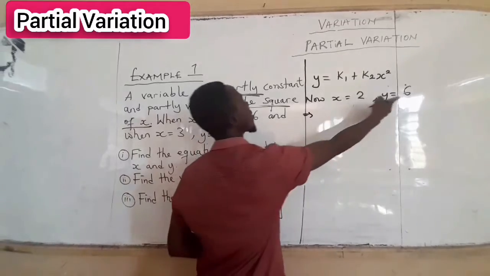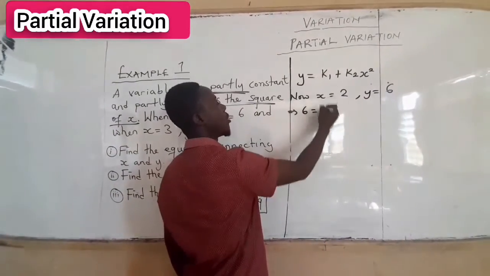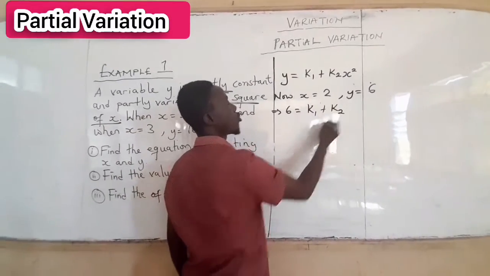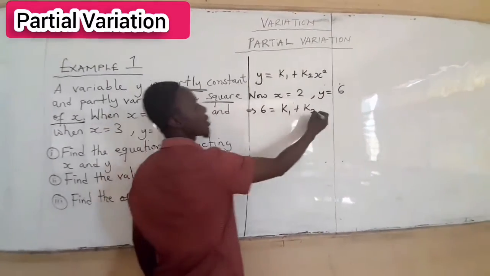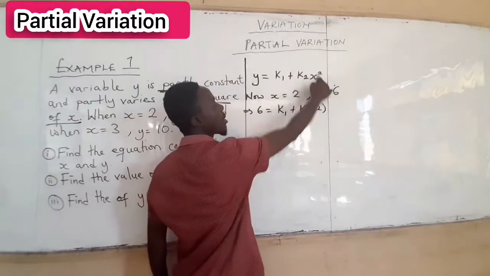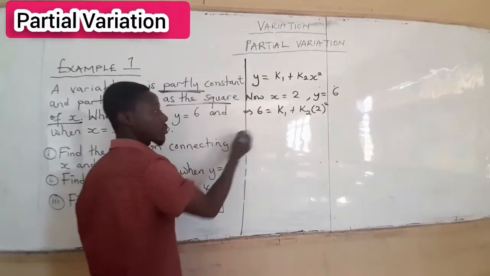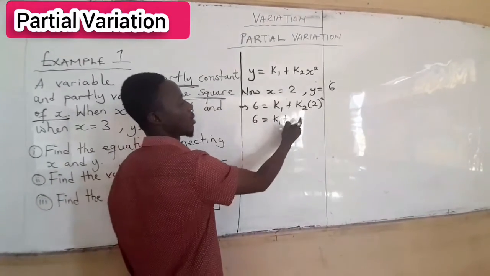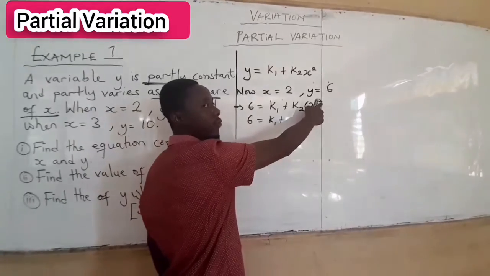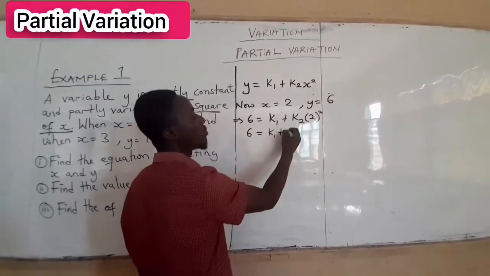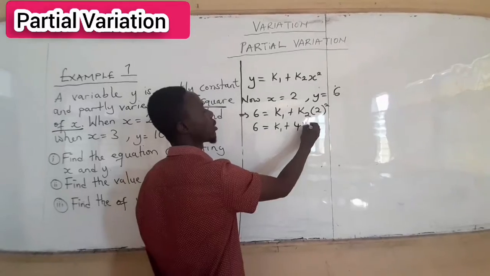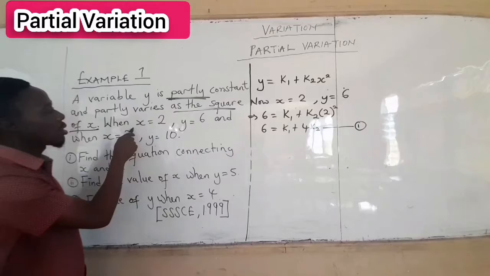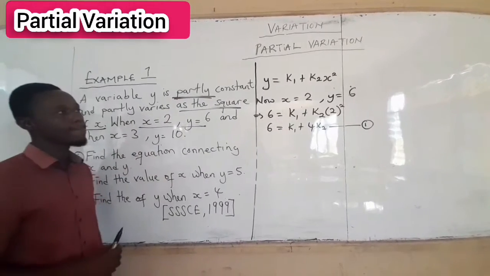So we have 6 equals k1 plus k2. Then this time around our x is 2, but remember it's squared. So 6 equals k1, 2 squared will give you 4, 4 times k2 will give you 4k2. This will be my first equation for the first x and y.